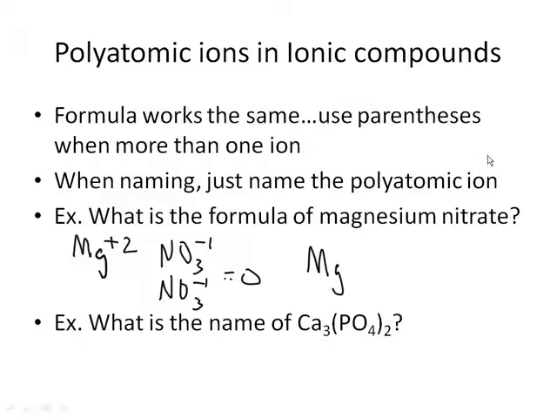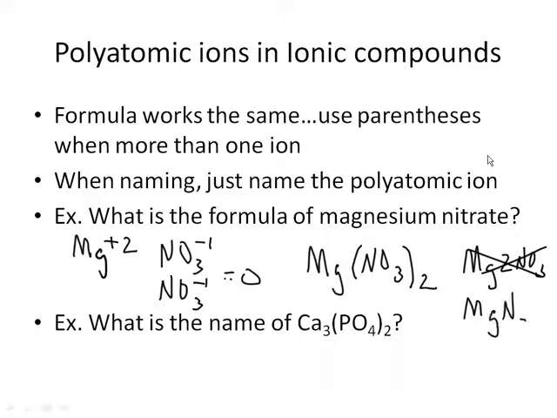So what I'm going to do is put the nitrate into parentheses and subscript a 2 on the outside. That tells me I have 2 nitrates. If instead I had written something like Mg2NO3, that's not going to work. Or MgN2O6, that also doesn't work. You want to look for this setup for magnesium nitrate.